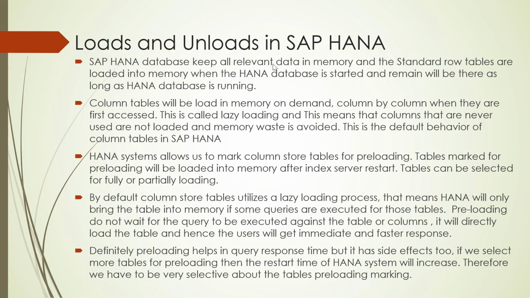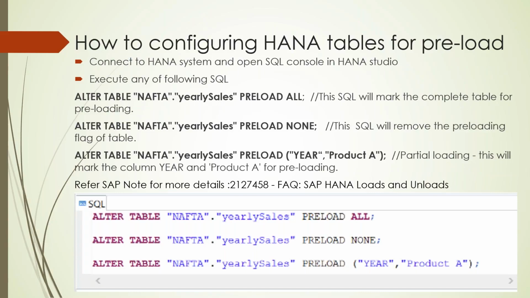So how to mark the tables for preloading? There are SQL statements. Here are the SQL statements. It is never configured in INI files. It is configured for the tables, and the tables have some property.